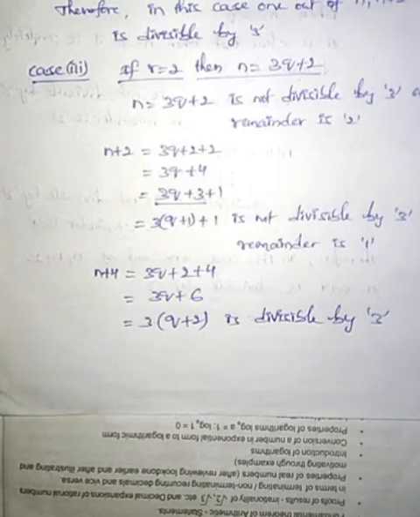Okay. So from these three cases, you can conclude that only one out of n or n plus 2 or n plus 4 is divisible by 3. Okay.